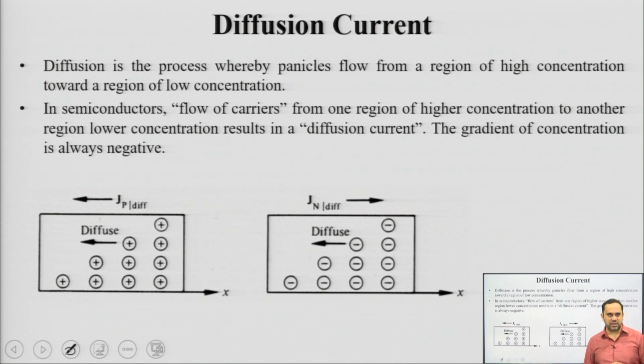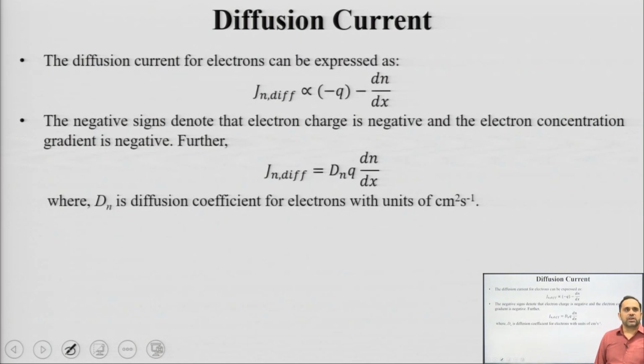Okay. The diffusion current for electrons can be expressed as follows. As we said, the diffusion current by itself is dependent on what? It is dependent on the concentration gradient.